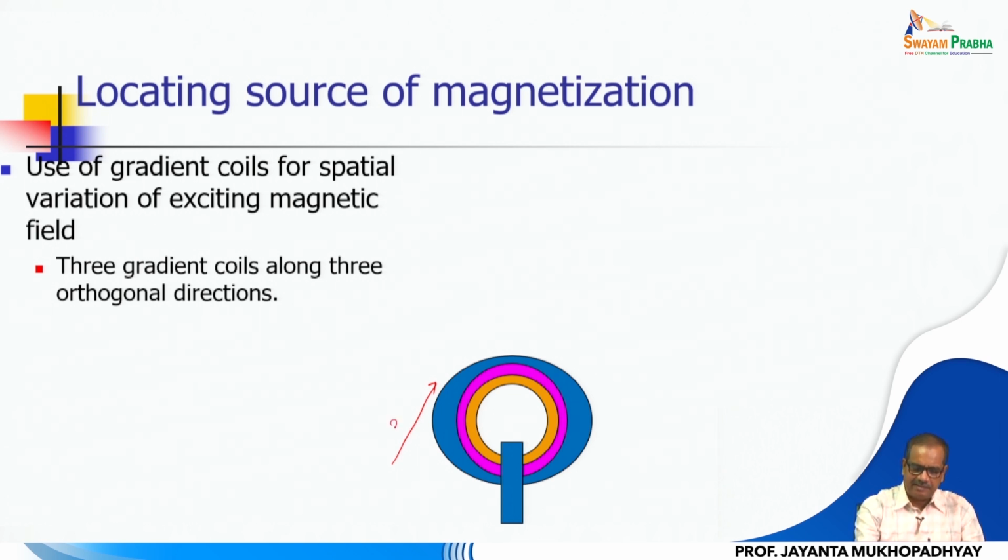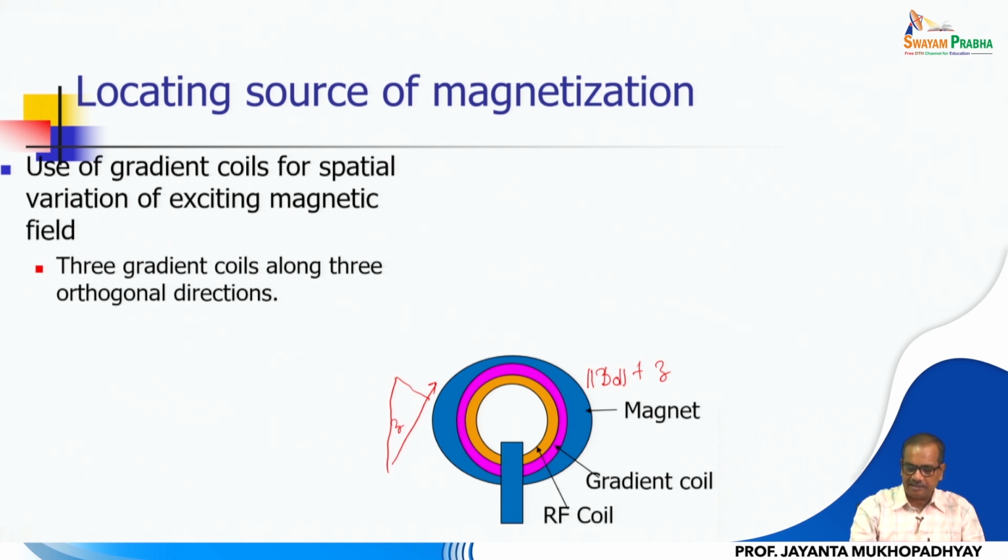This is a magnet which causes the magnetization B0 along the Z direction. This is a gradient coil, and there are 3 gradient coils. Along the Z direction it also causes a spatial variation of magnetic field. So on top of that, we can write this gradient field as B0 plus Z, right.